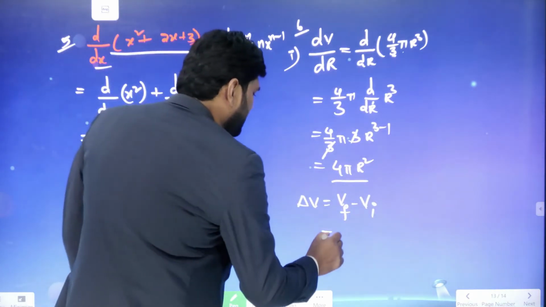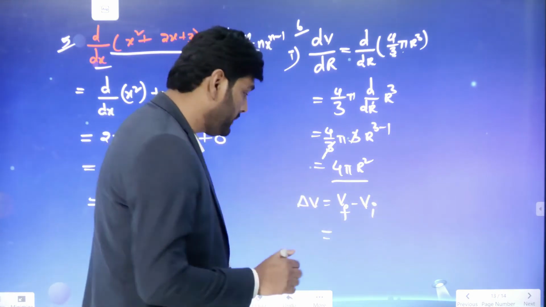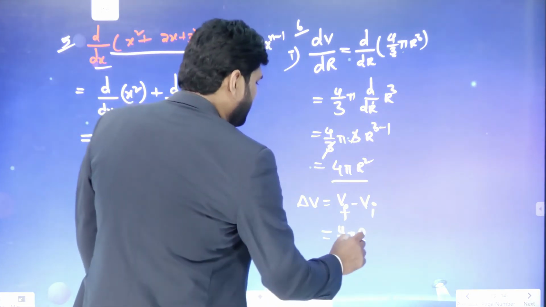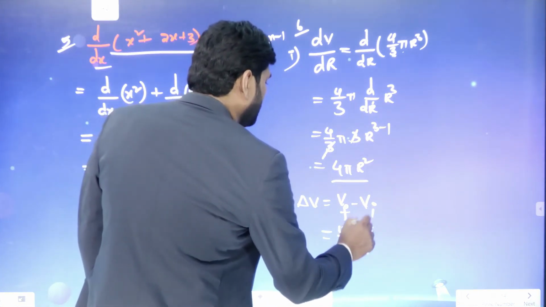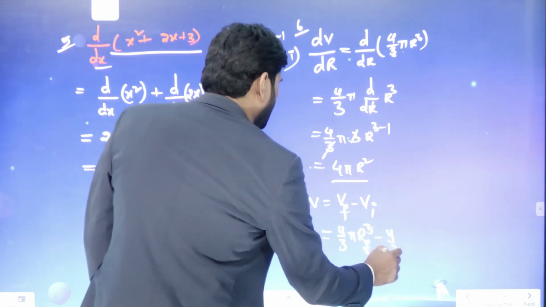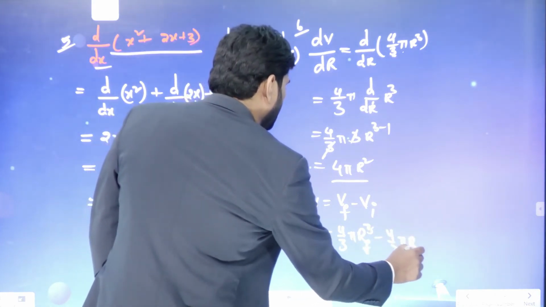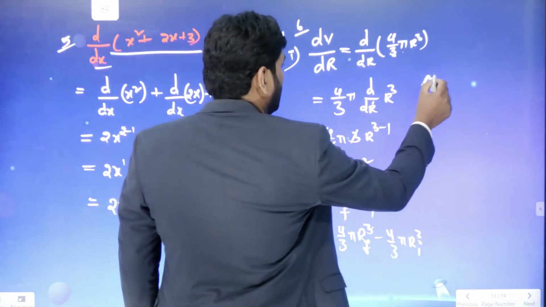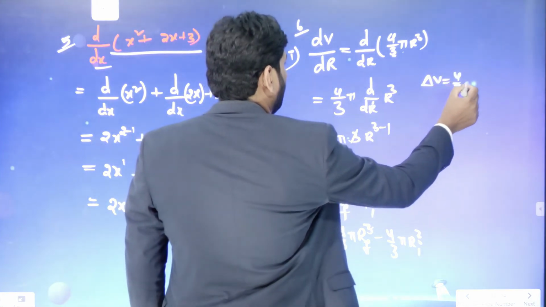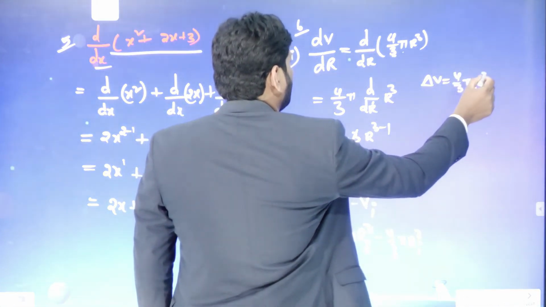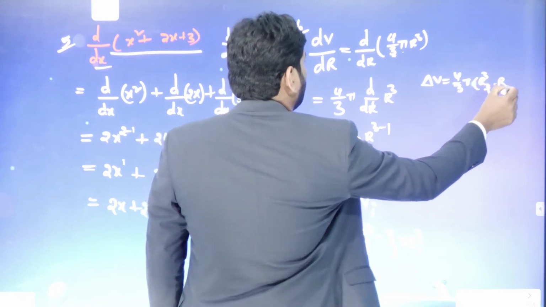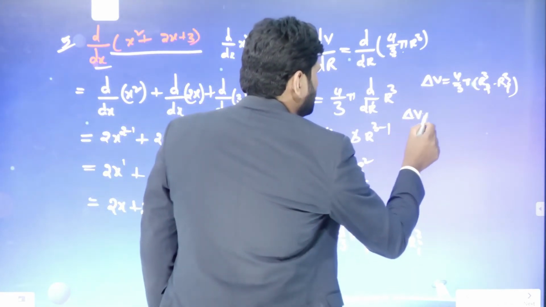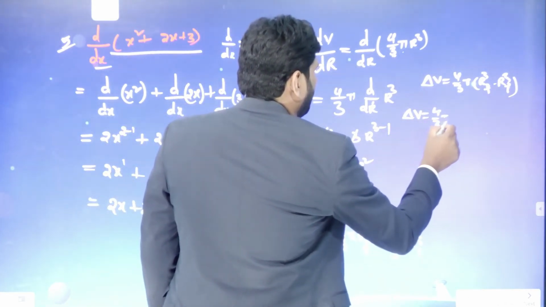Final volume is 4 by 3 pi r final cube, not square, minus 4 by 3 pi r initial cube. Now in this formula, I'll take 4 by 3 pi common, r final cube minus r initial cube. So delta V is equal to 4 by 3 pi.